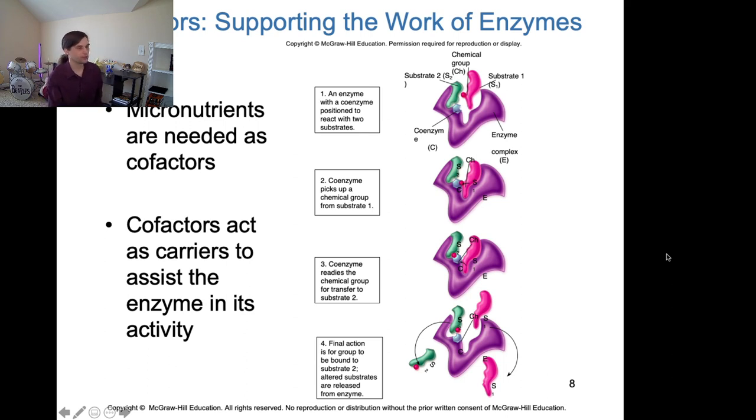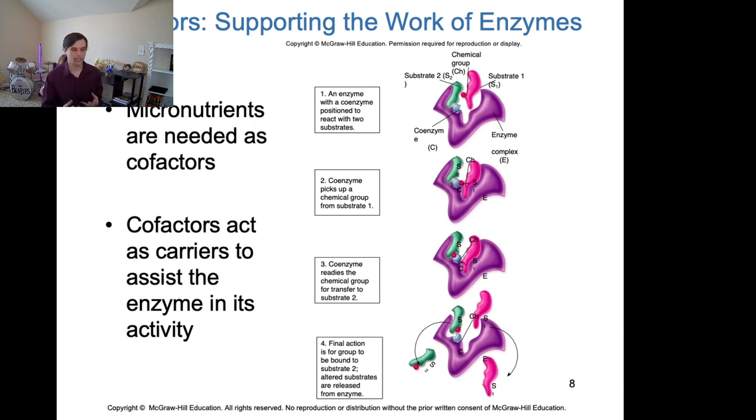So you can see here that this particular substrate, substrate 2, that's going to be fused to substrate 1, they don't necessarily fit really well together. There's a little blank space here that's missing. So what that coenzyme is going to do is fill in that extra space. Even though they don't necessarily fit, it's going to make sure that they fit.